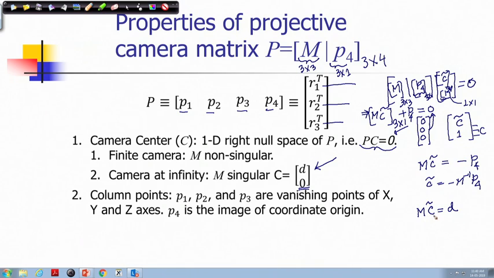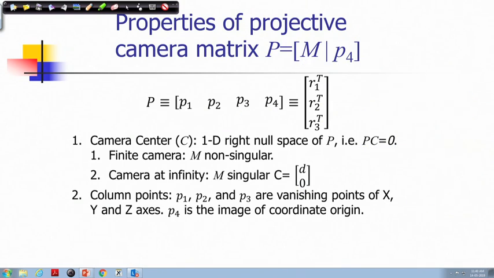So we will have M C tilde equals 0, and thereby finding the null vector we can obtain the form. Let me rub this value because this is wrong. It should be M C tilde equal to 0, that we have to solve. These are the things related to the camera center.